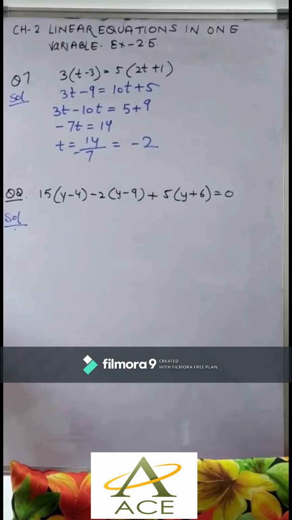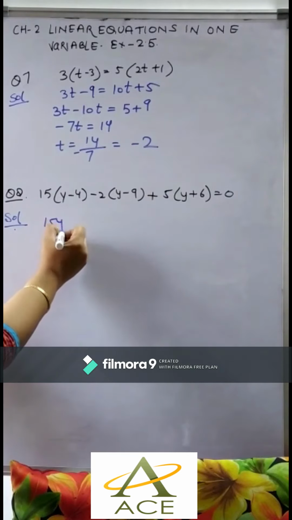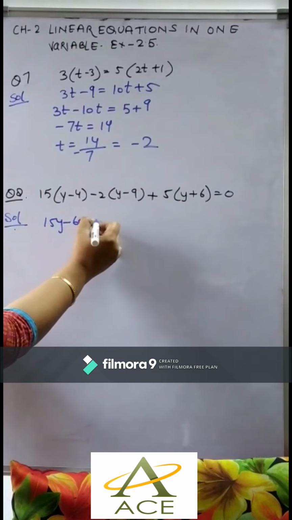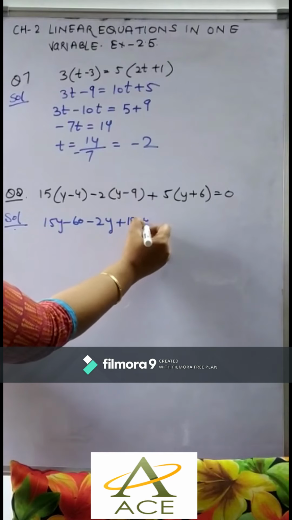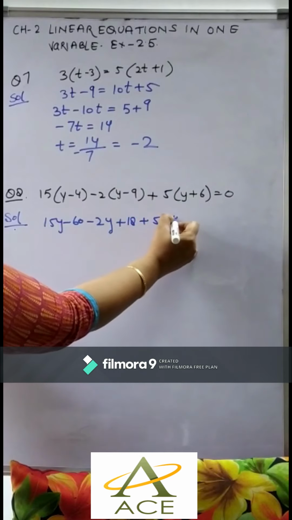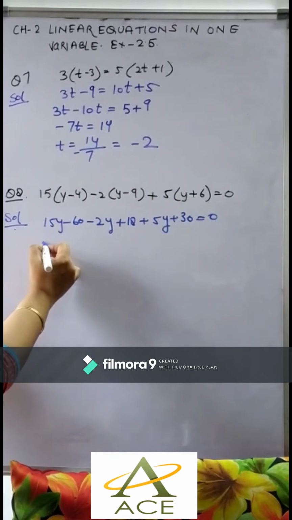Now in question number 8 also we will expand the bracket first. 15y minus 60 minus 2y plus 18 plus 5y plus 30 is equal to 0.